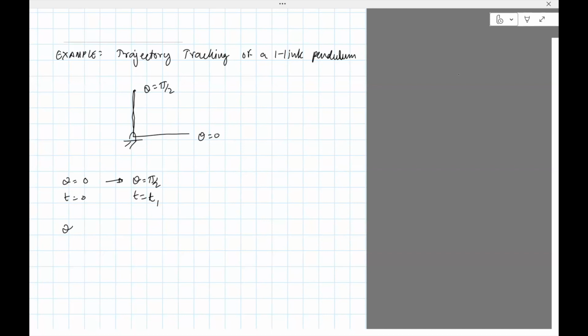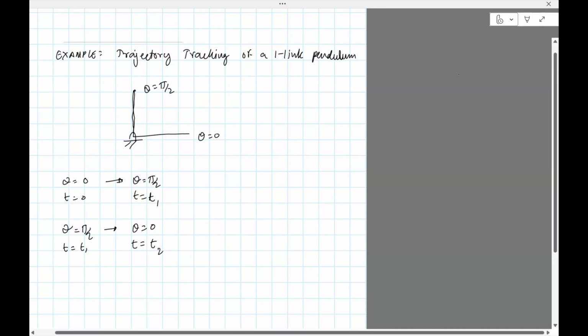And then I'll get it back from theta equals pi divided by 2 to theta equals 0, from t equals t1 to t equals t2, where clearly you can specify what those times are going to be.